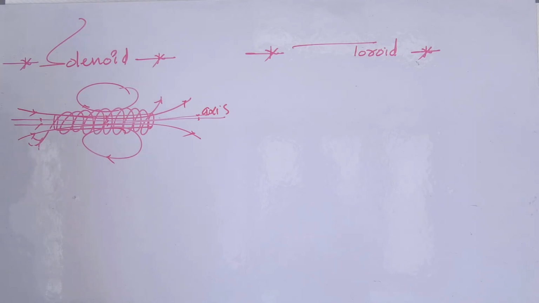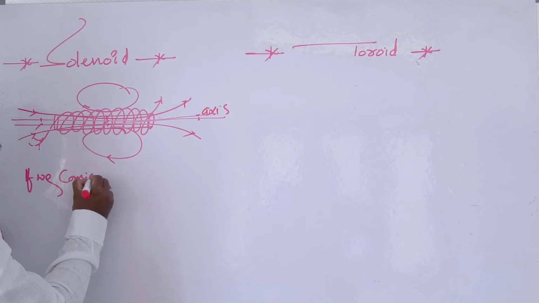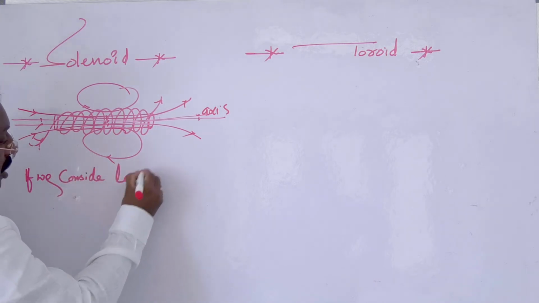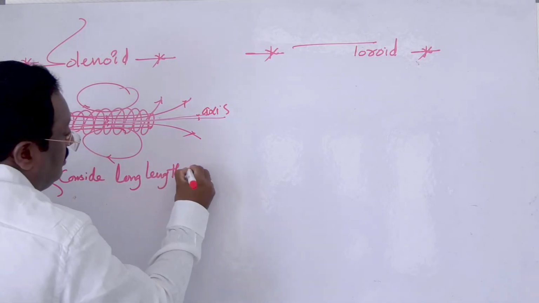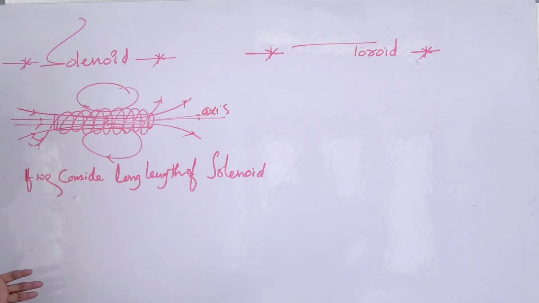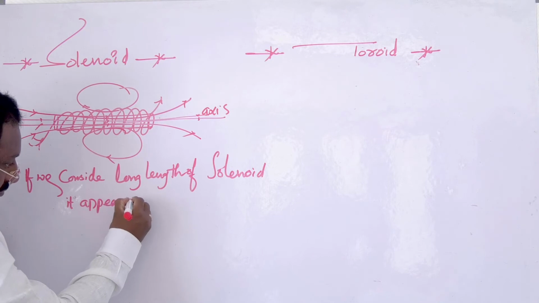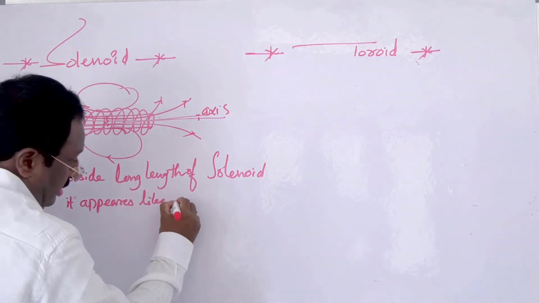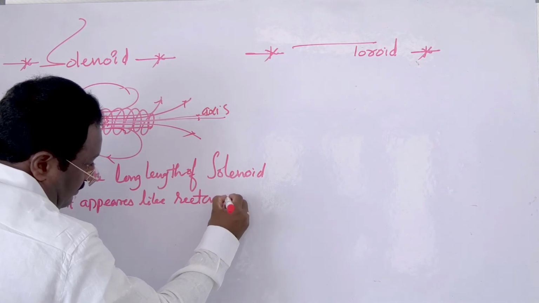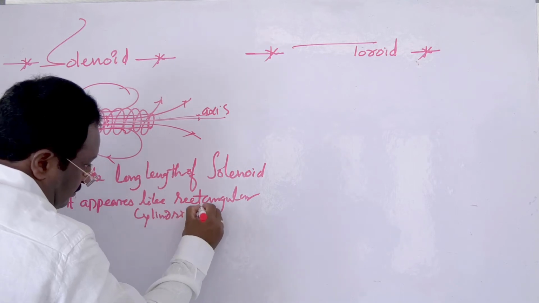For example, if we consider a long length of solenoid, it appears like a rectangular, cylindrical metal plate.